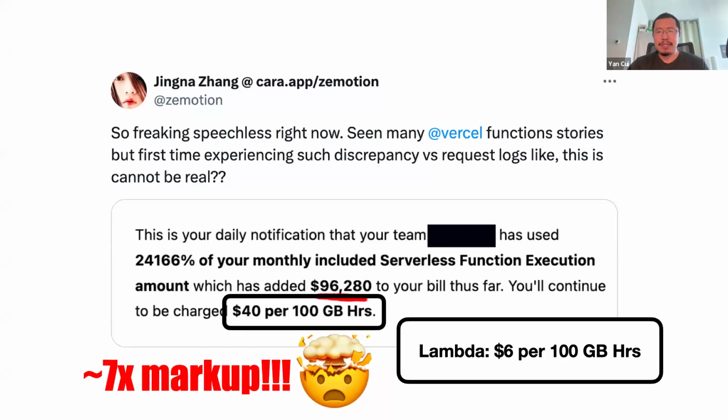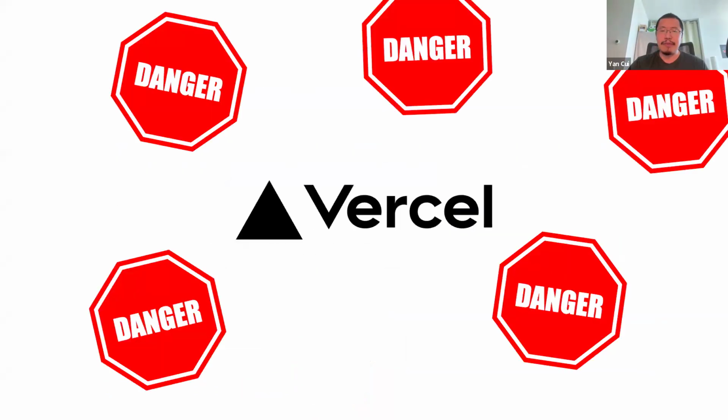And I think in general, Vercel has really confusing pricing, with lots of cost dimensions. So if you're using Vercel, you have to be quite careful. They do have a nice cost control mechanism.